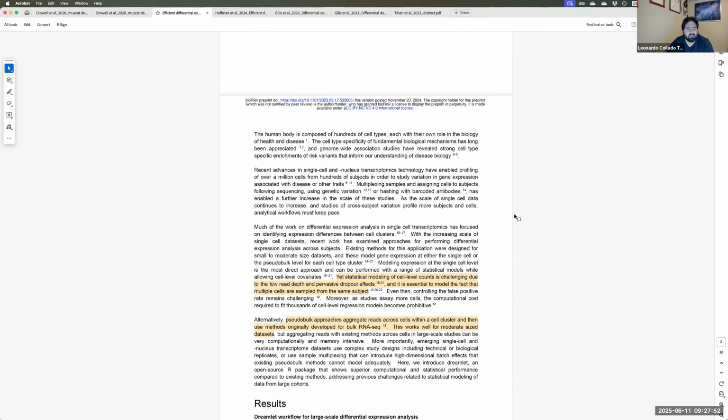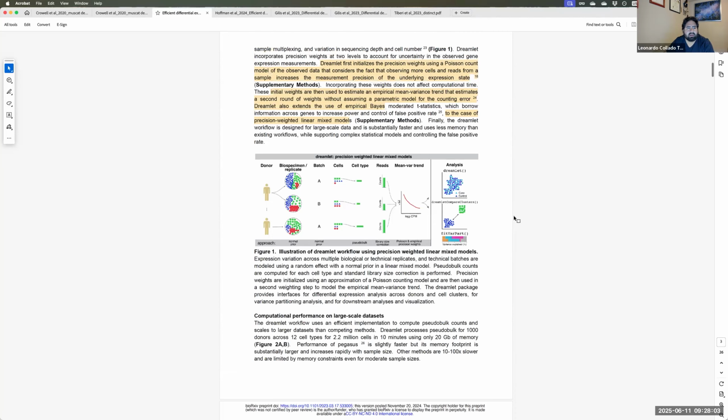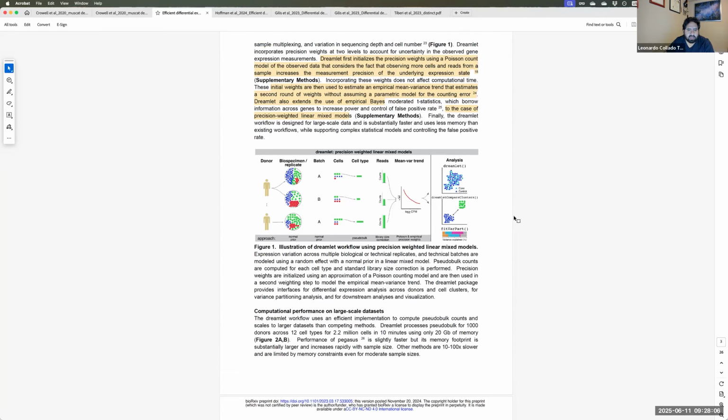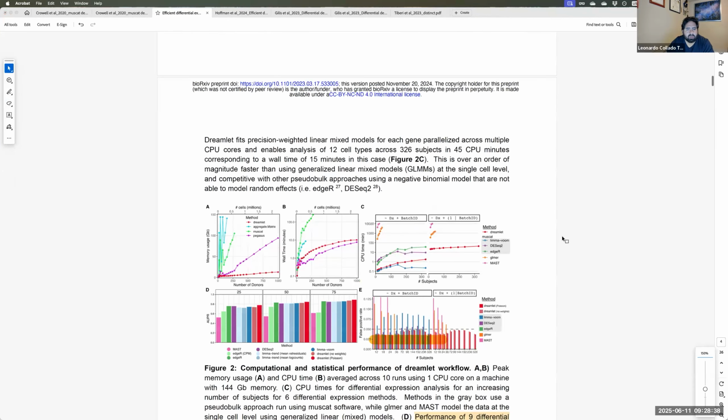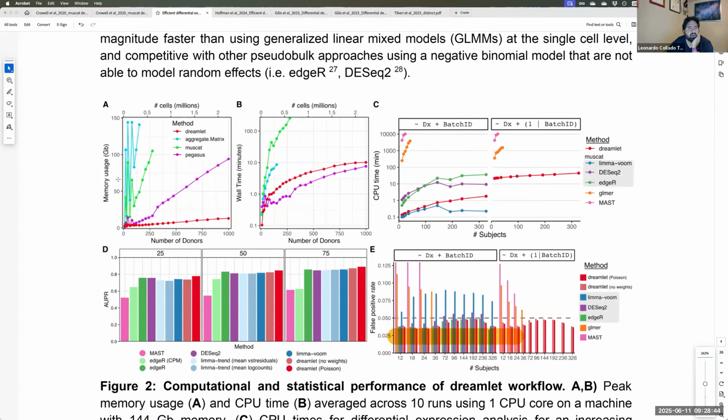Dreamlet builds on top of variancePartition, and the paper here uses the same type of simulation framework that muscat developed. Now here, Gabriel Hoffman and Panos Roussos are working with a data set that is in the thousands of donors. So that's their real data that they had to work with, it was that big. And so they ended up simulating a super large data set. Now, the dreamlet package implements modeling batch through mixed effect models.